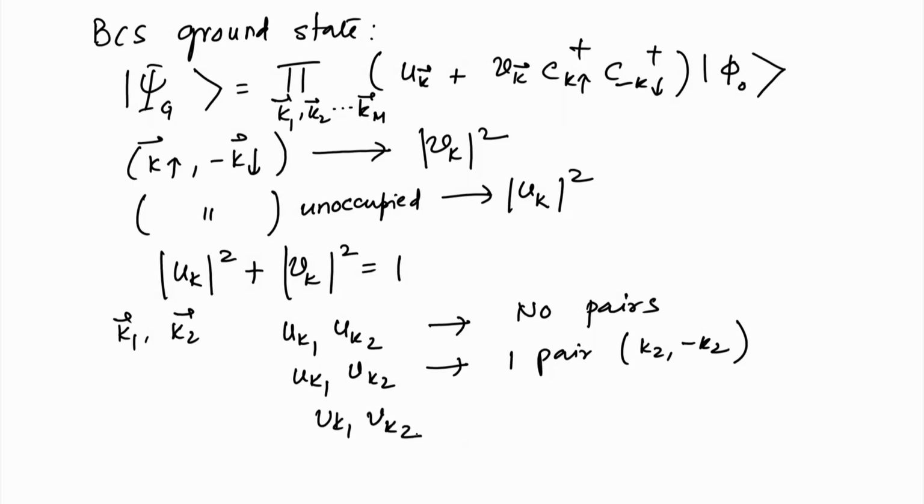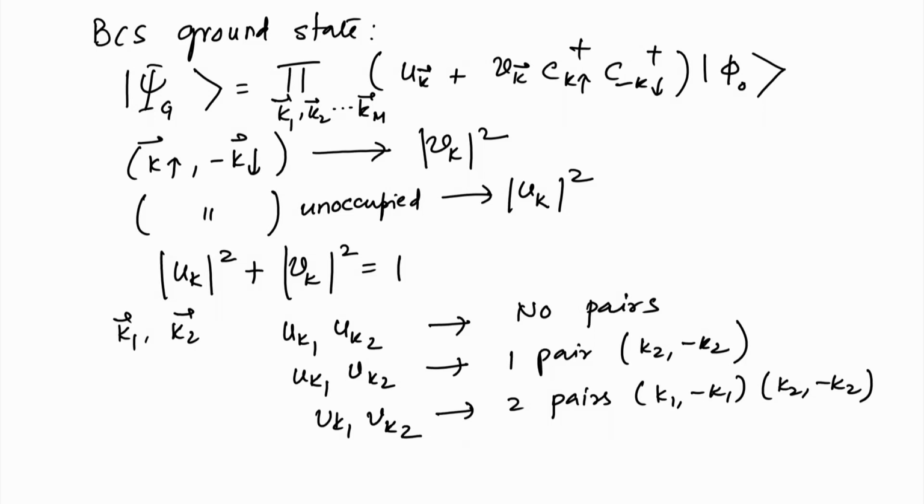Clearly distinguish your u's and v's. There are two pairs, k 1 minus k 1 and k 2 minus k 2, both occupied. So, these are the notations.